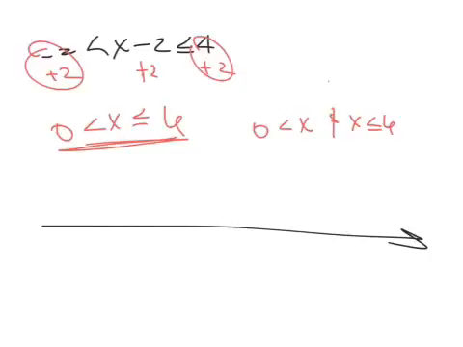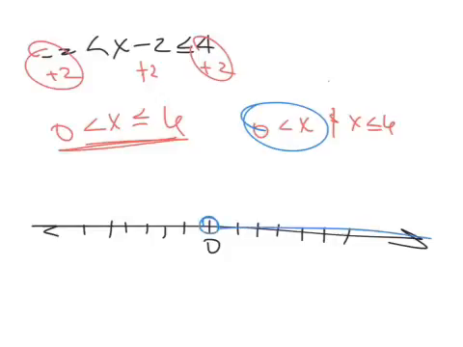We've got our graph: 0, 1, 2, 3, 4, 5, 6. Alright, so 0 is less than x. So x has to be a number bigger than 0. Okay? We're not saying how big it is, we're just saying it's bigger.